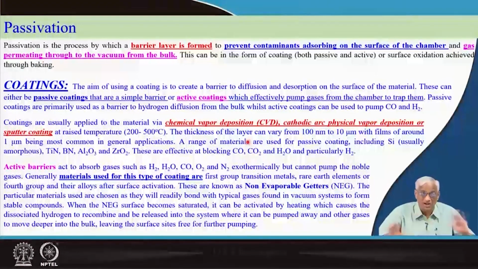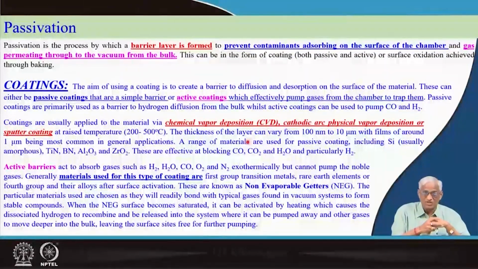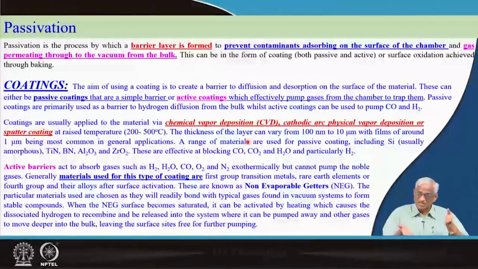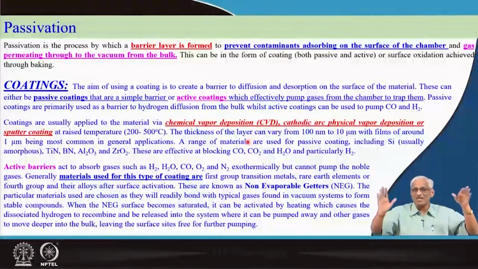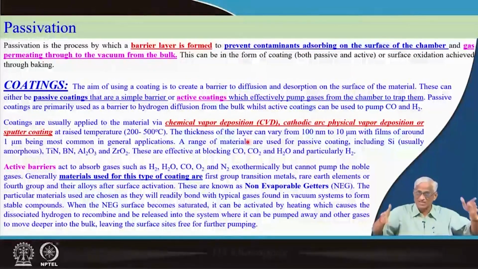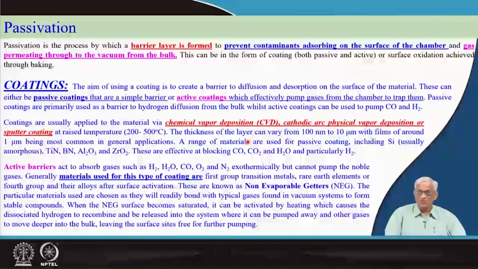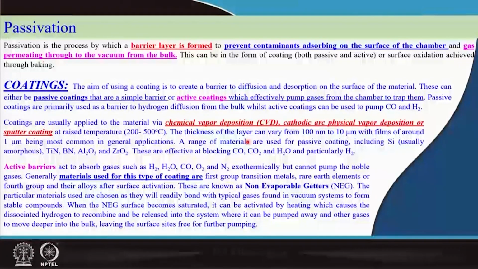And even after that polishing, you may have to passivate to reduce the desorption. Passivation is nothing but keeping a dull layer. It can be an oxidized surface or a foreign surface, which will act like a getter, which will not create vapor, which will only try to absorb. Such situations you have to make.